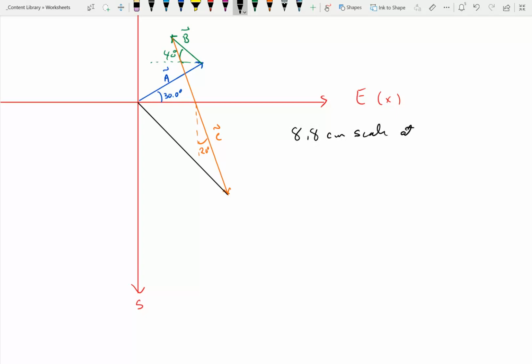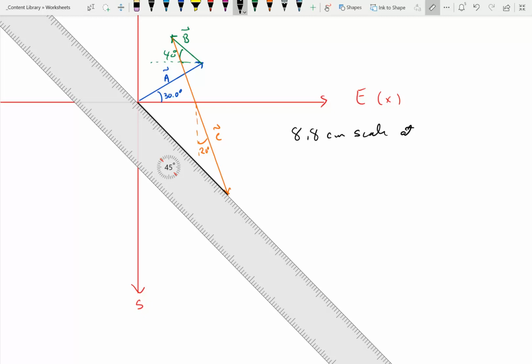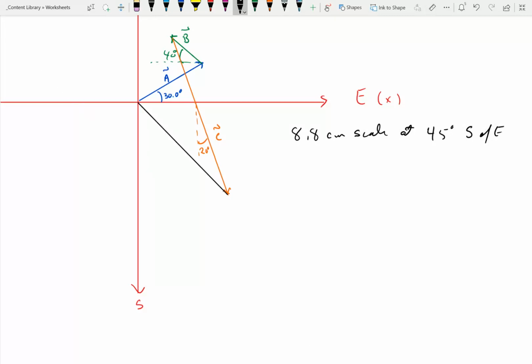8.8 centimeter scale at 45 degrees south of east. Now to convert that, I have 8.8 centimeters scale times 1,000 meters per 4 centimeters scale equals, so 8.8 divided by 4 is 2.2 times 1,000 is 2,200 meters.